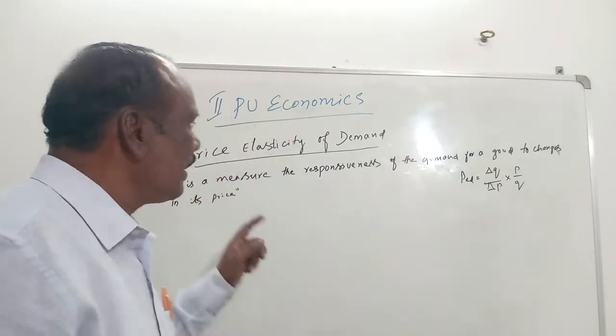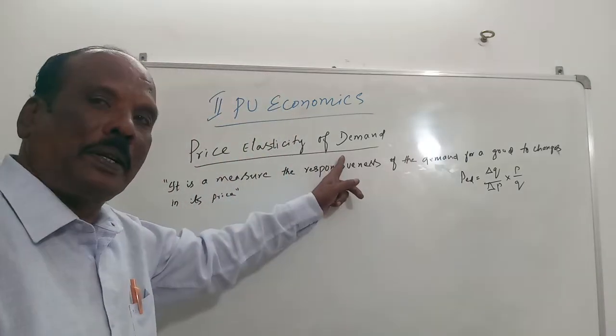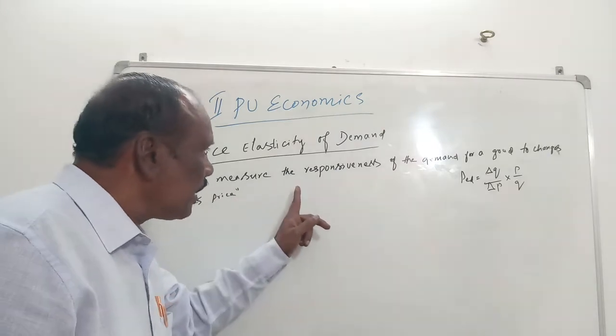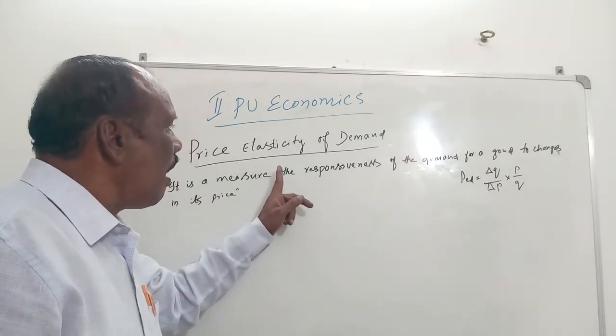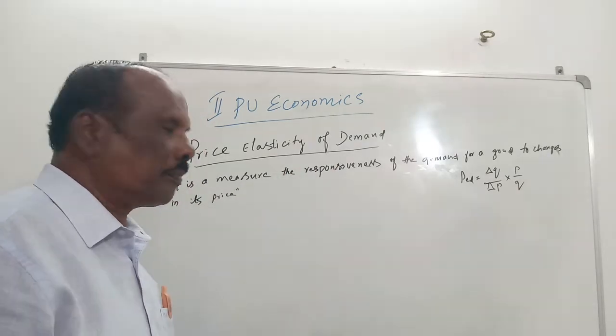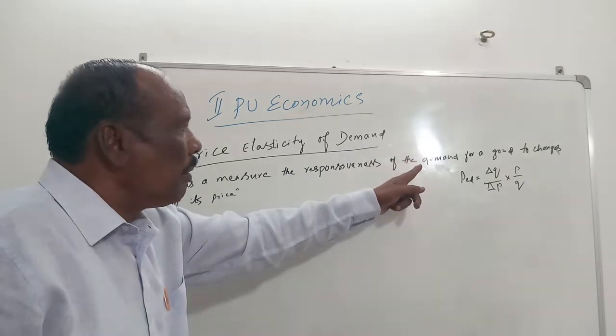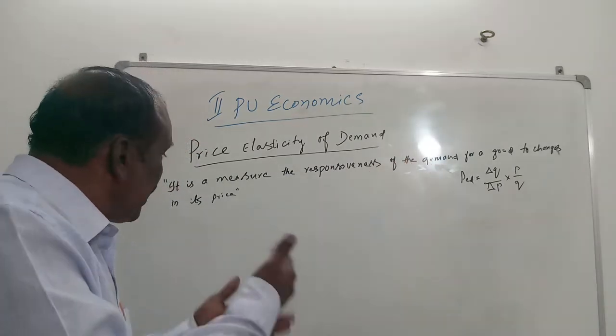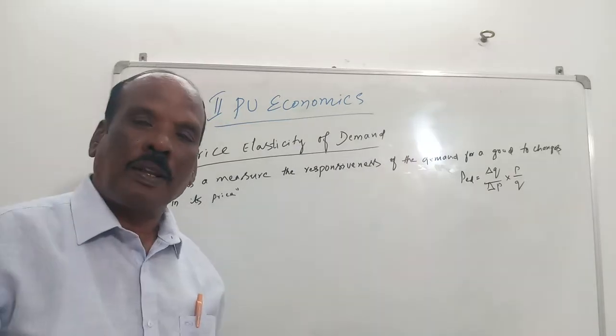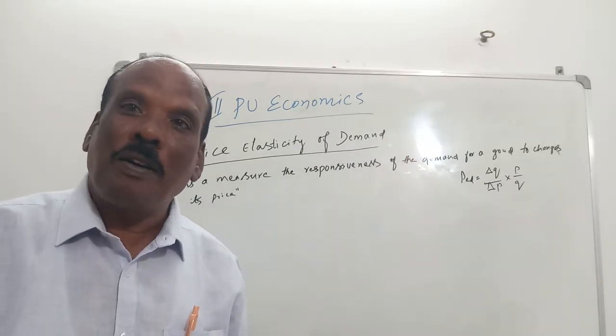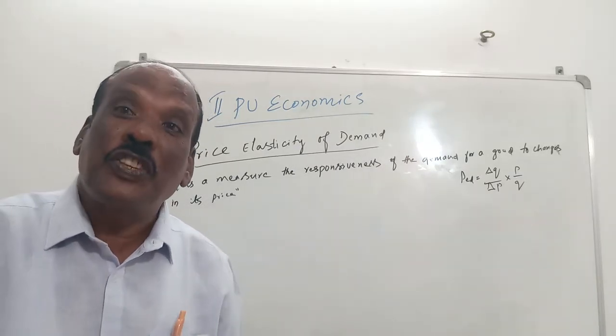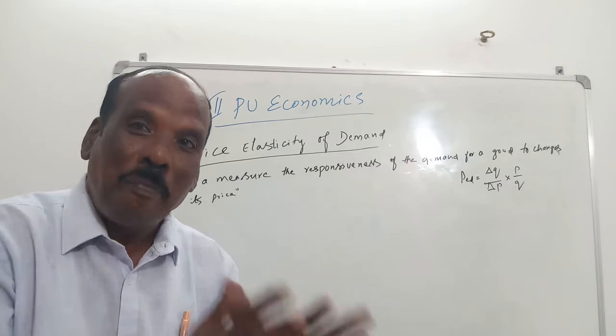And here is a definition. What is price elasticity of demand? It is a measure of the responsiveness of the demand for a good to changes in its price. How does the demand respond to the changes in price? So it is a measure.